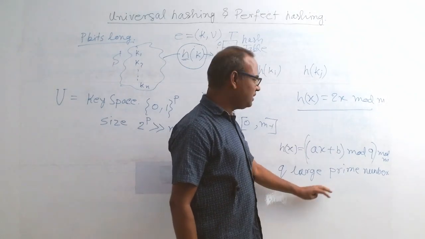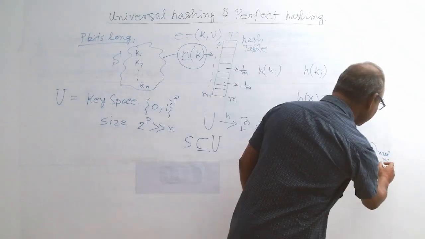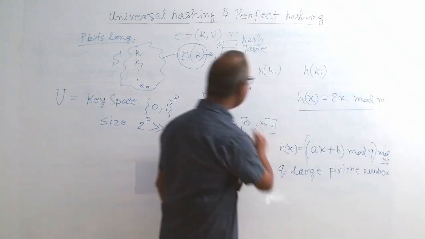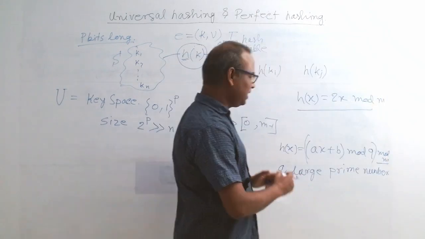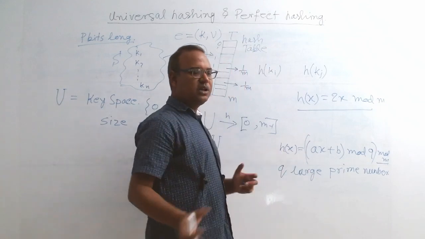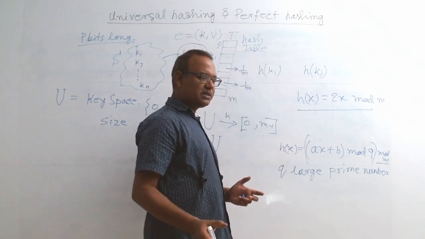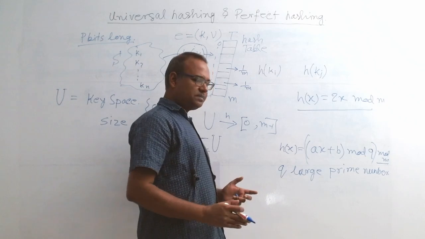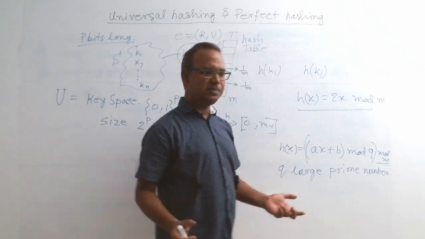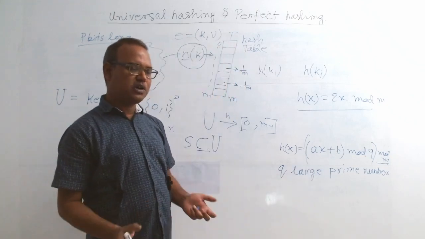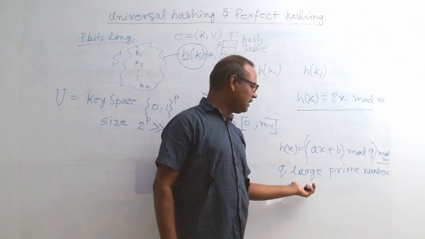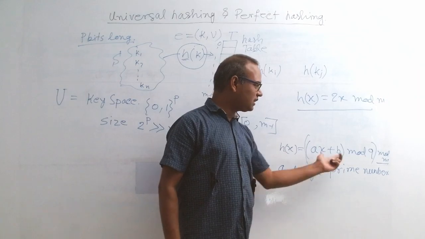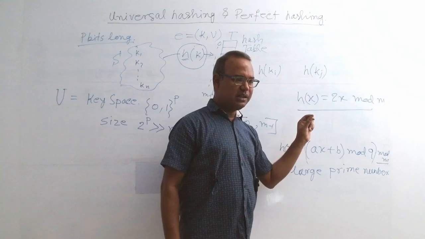So it will be independent now, and the mod m is the restriction to the hash table. There are many more functions in cryptographic hash functions, which we will see in the lecture on cryptographic hashing, or in my other lecture series, cryptography demystified, where we will discuss many cryptographic hash functions that are created very independently.